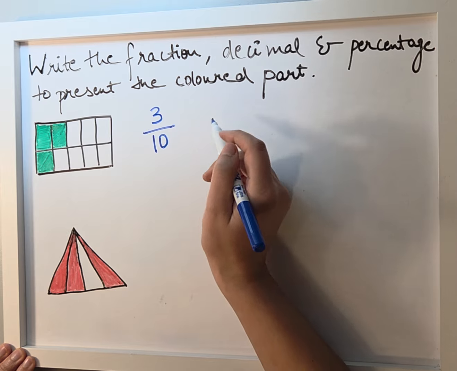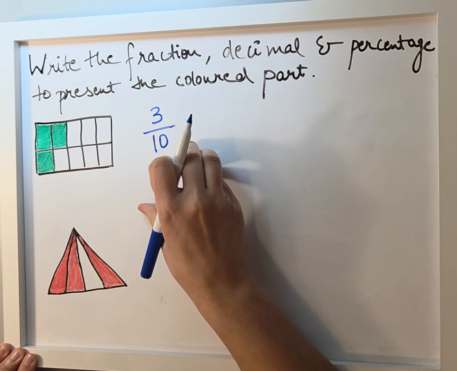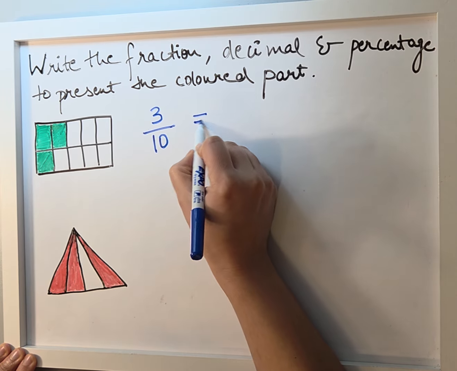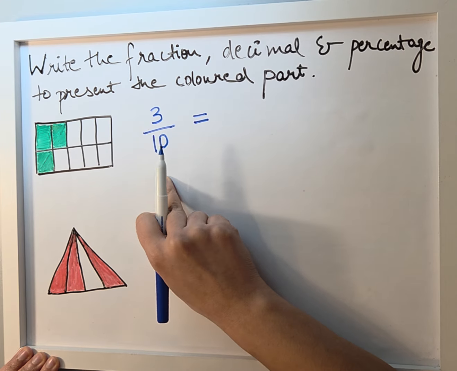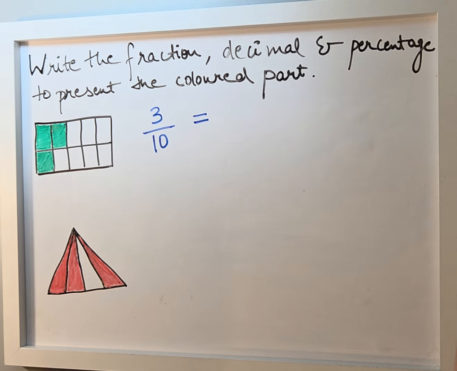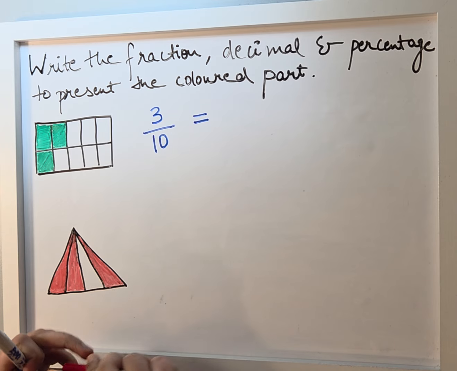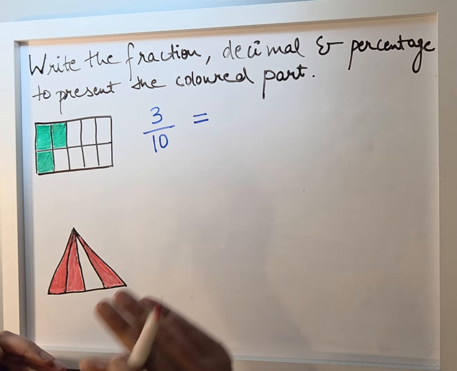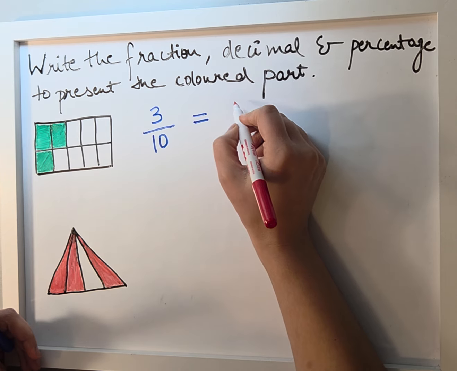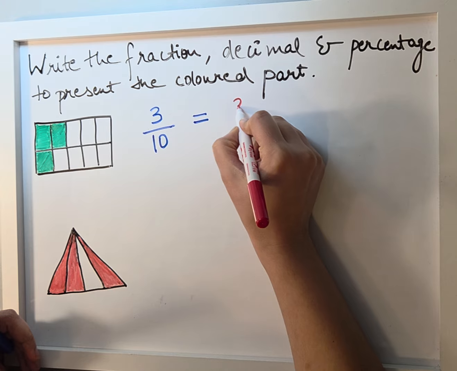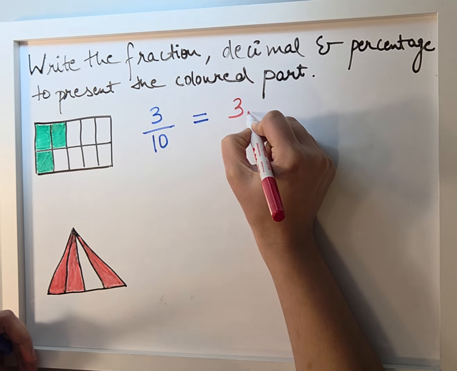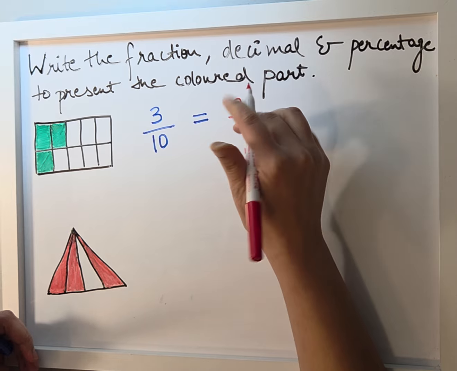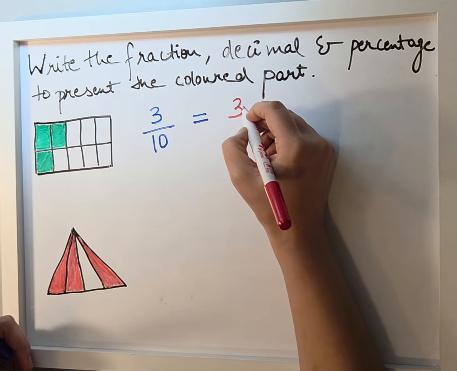Okay. Now, if we have to convert it into a decimal, if a number is being divided by 10, the decimal moves towards the left. 3 is a whole number, so by default we assume the decimal will be on the right. For a whole number the decimal is always towards its right.